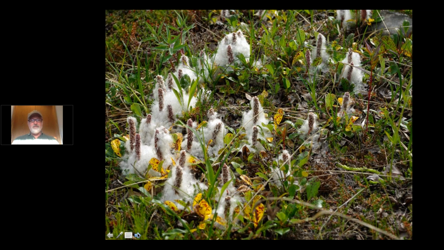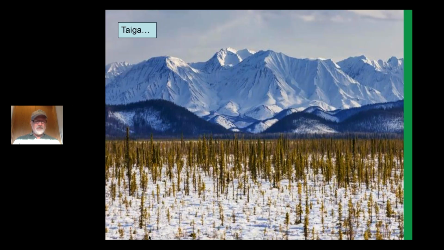Obviously, there are limits to growth in these northern regions. Taiga is an area of tundra-like ground cover and widely spaced trees that never really get all that tall. If you were going further south into the boreal forest area, it'd be at higher elevations because it's colder, or just before it gets to tundra.